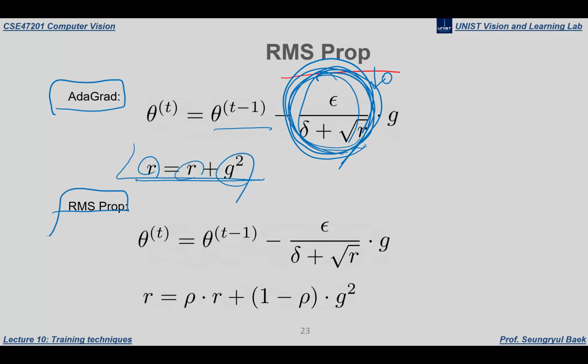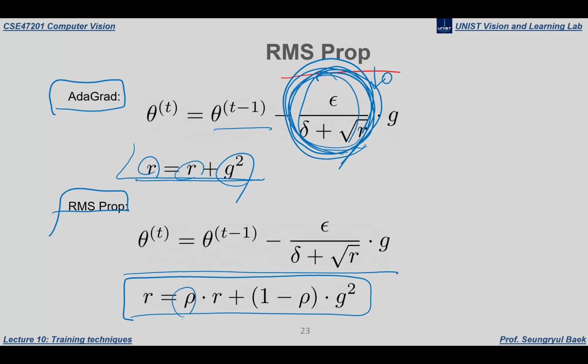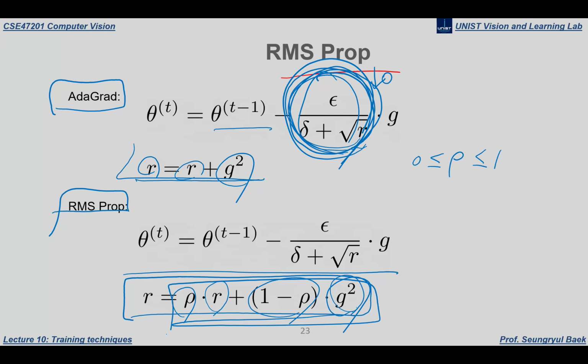So RMSProp has the same policy, but wants to somehow capture their scale. And this rho value is from 0 to 1. So in the previous R, they just multiply by 1 minus rho as the weight to the gradient value and accumulate them gradually by limiting their scales.